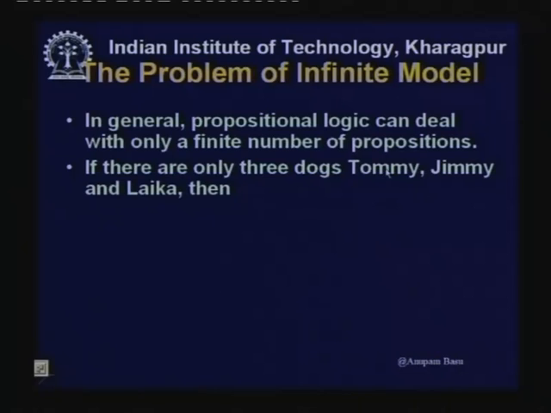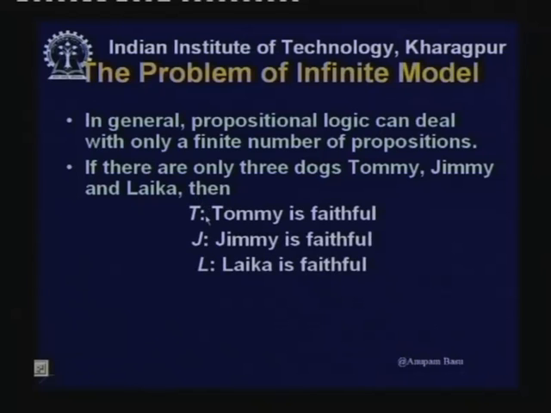If there are only 3 dogs, for example Tommy, Jimmy, Laika, then I could write T: Tommy is faithful, J: Jimmy is faithful, L: Laika is faithful. Then all dogs are faithful will be T and J and L. If there is a new dog, how long should we go on? That is not possible.